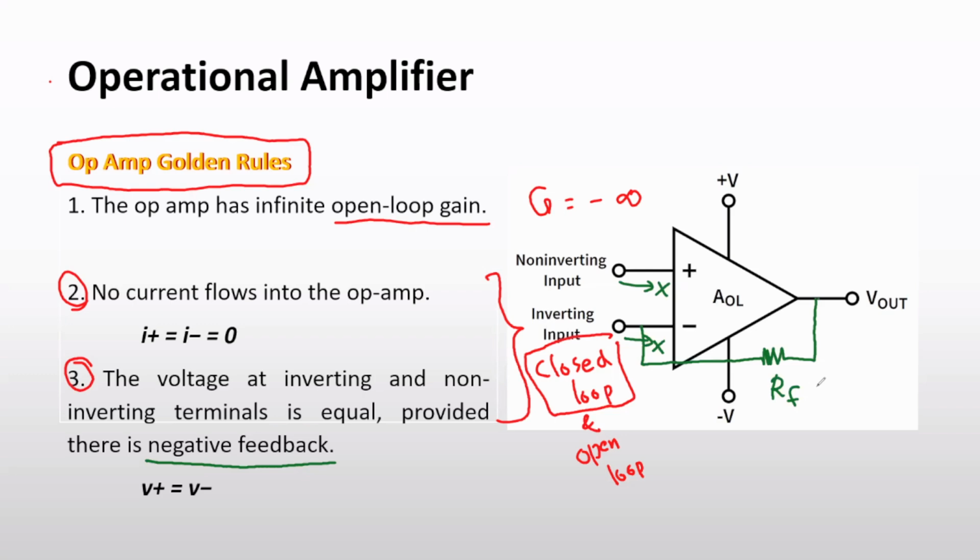So if a negative feedback is connected, the op amp tries to keep the voltage between these two terminals equal. That means the voltage at the non-inverting input and the voltage at the inverting input are always equal when there is a negative feedback. These are the three op amp golden rules.